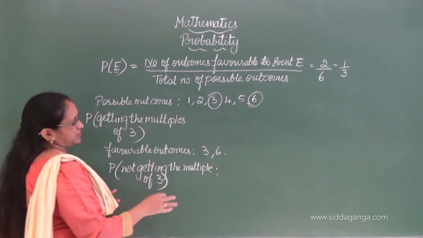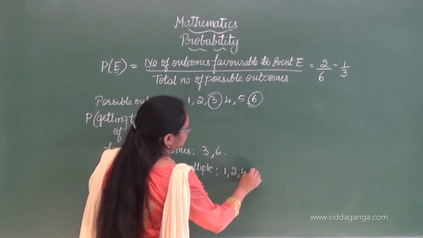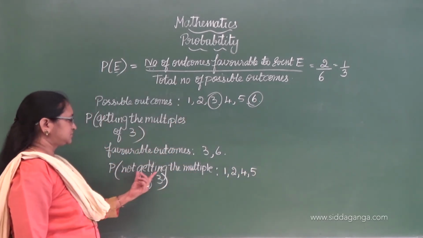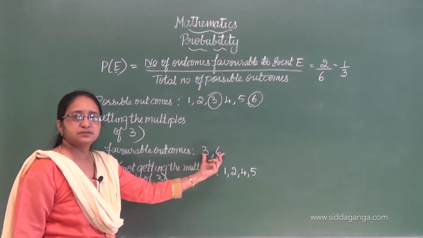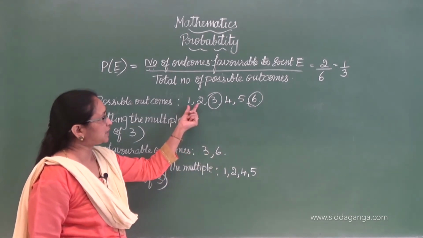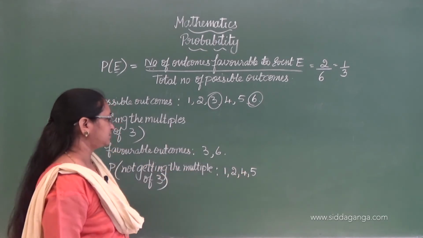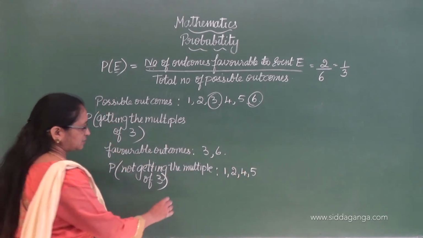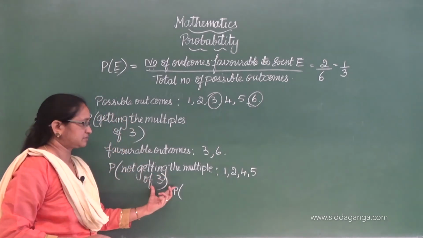Not multiples of 3 means 1, 2, 4 and 5. I hope you understood the meaning of this. 3 and 6 are the multiples of 3; other than that, 1, 2, 4 and 5. Now what is the probability of this event?